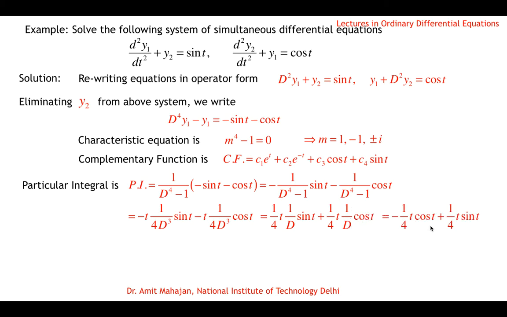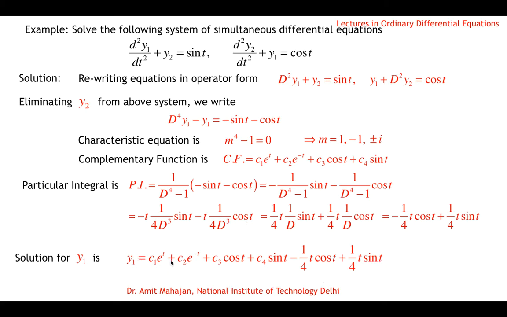So we know how to solve that. Simple. Once we have the particular integral and complementary function, we can write the solution y1 as the complementary function plus the particular integral.